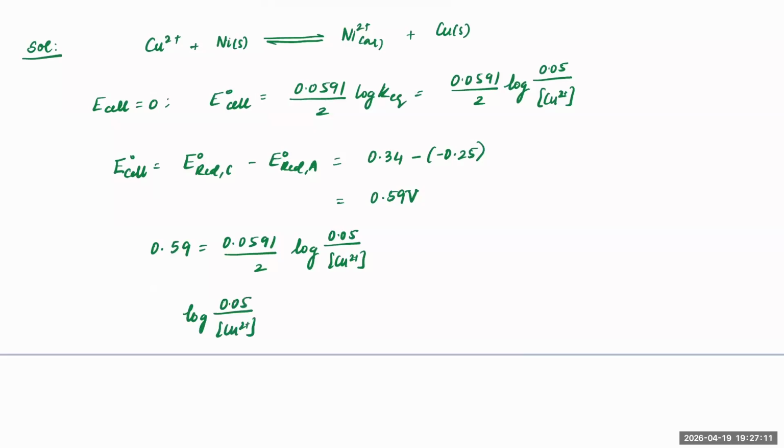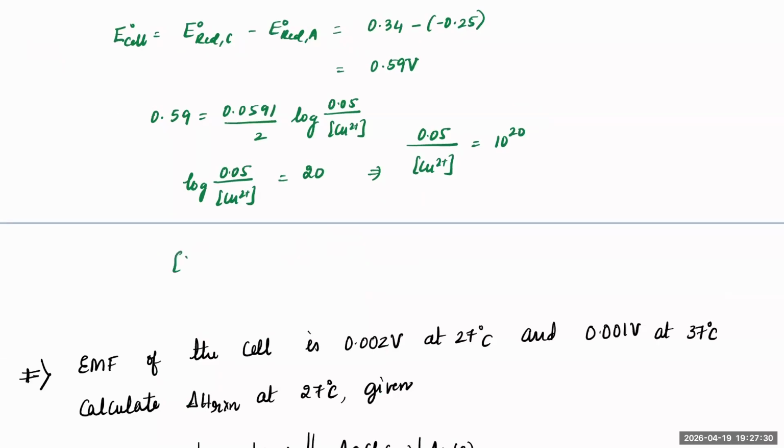That is equal to 20. So 0.05 divided by copper 2 plus concentration is equal to 10 raised to power of 20, isn't it? So from here we will get copper 2 plus concentration equal to 10 raised to power of minus 20 into 0.05, which is 5 into 10 raised to power of minus 22 molar.